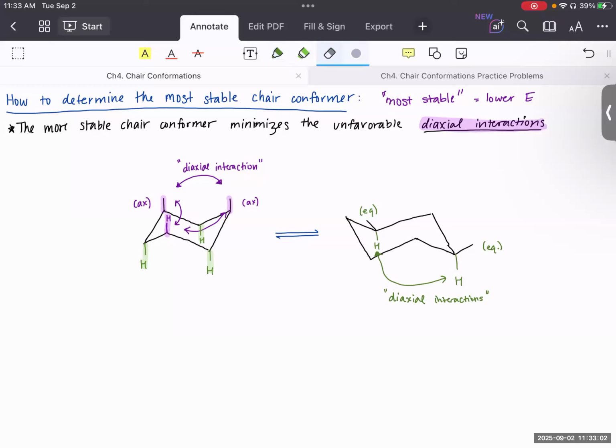If we think about minimizing the diaxial interactions, we want to minimize the amount of large groups that are placed into an axial position. For this structure, where we have 2 methyl groups in axial position on the left versus none on the right, we know that the left is going to be bad. It's going to be less stable, or in other words, higher energy.